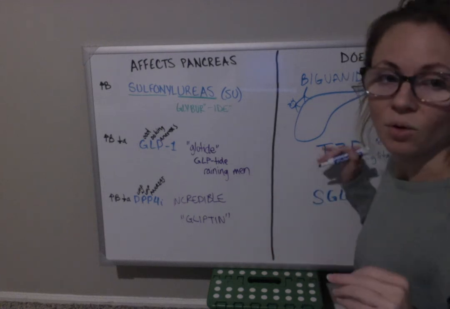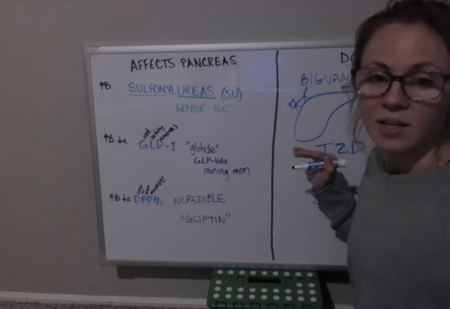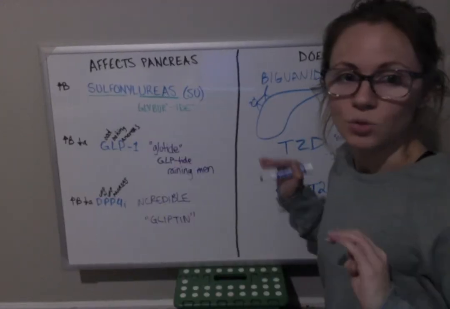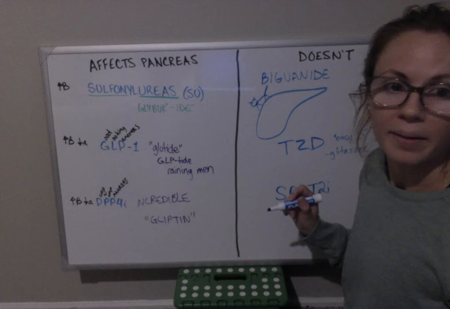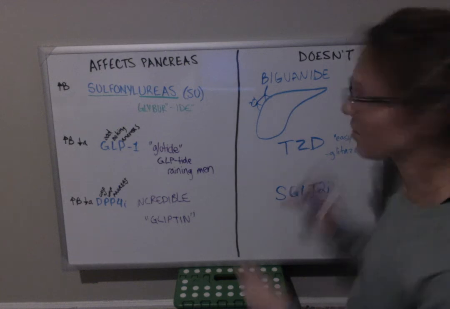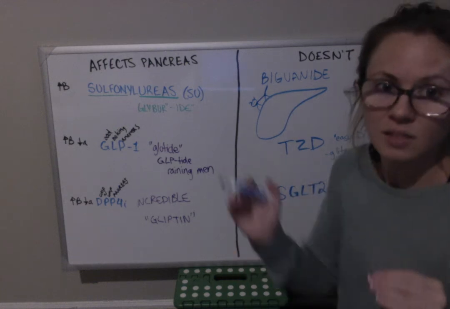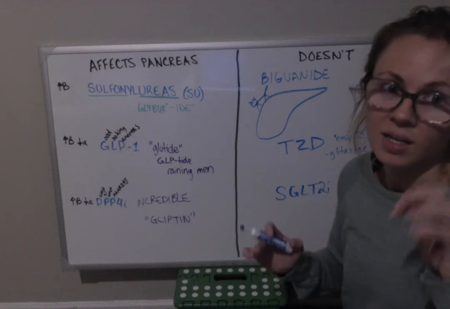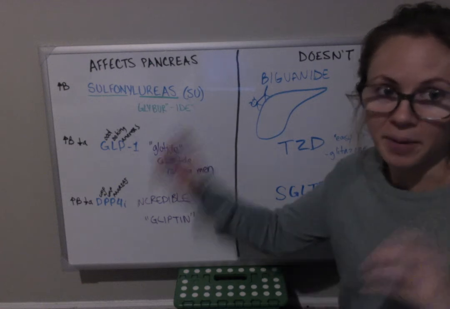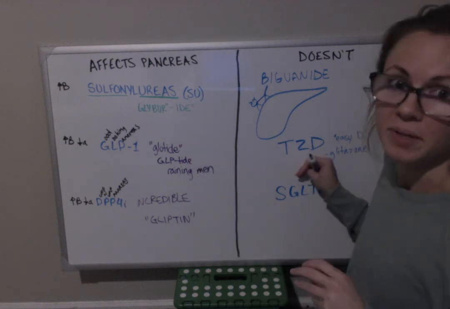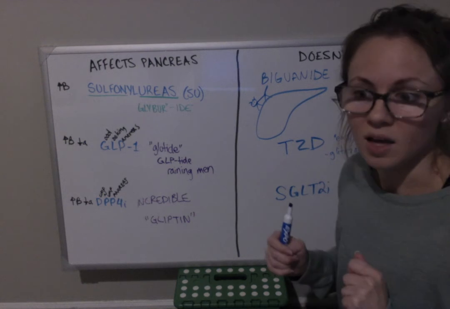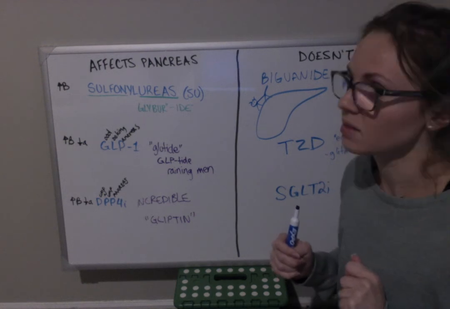So this affects the whole body by increasing the sensitivity to insulin. So that's how I kind of put all that together. TZDs, and then glitazone, and glitter zone is on the body, so it affects the body. The biggest thing to know about this one is that it's contra.